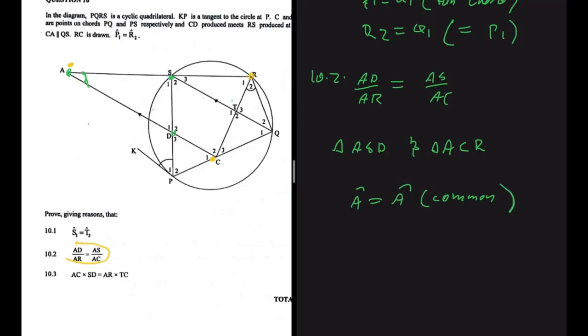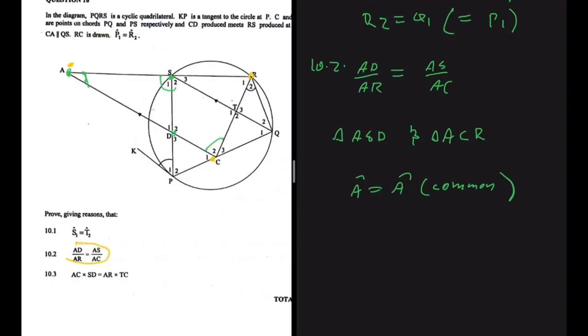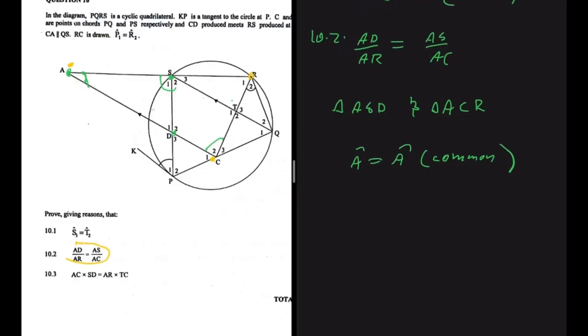Let's see. Here we are expecting angle S1 to be equal to angle C2, because of how the triangles are. So let's give it a look and see how we can potentially prove that. We already know from 10.1 that S1 is equal to T2.